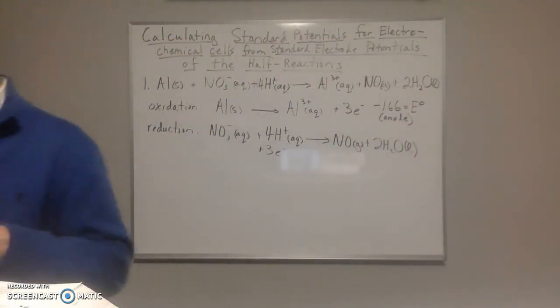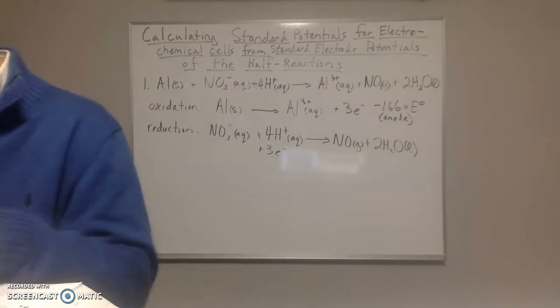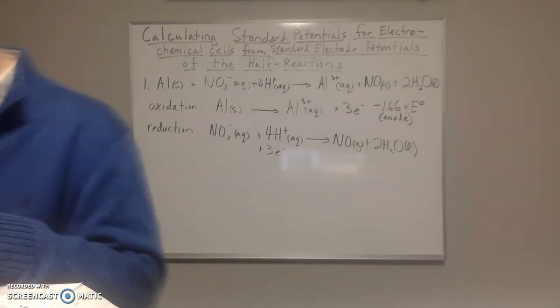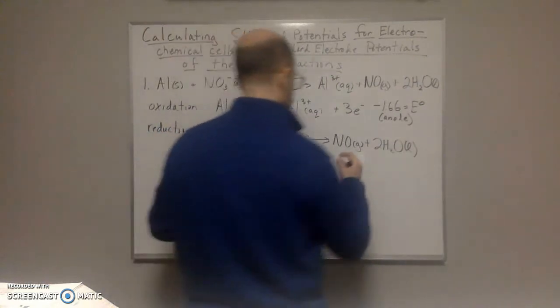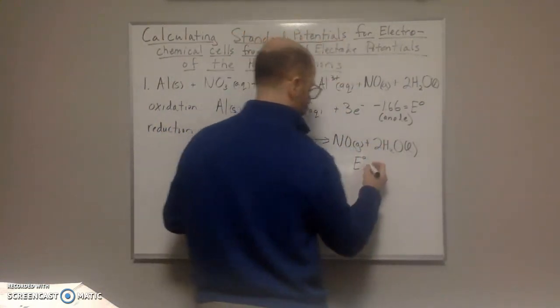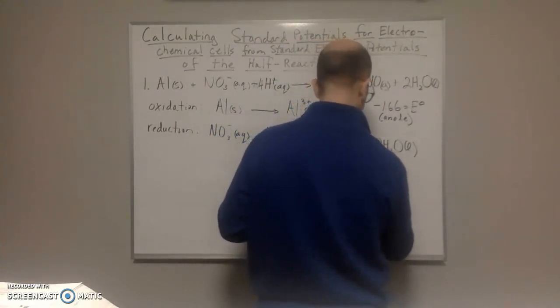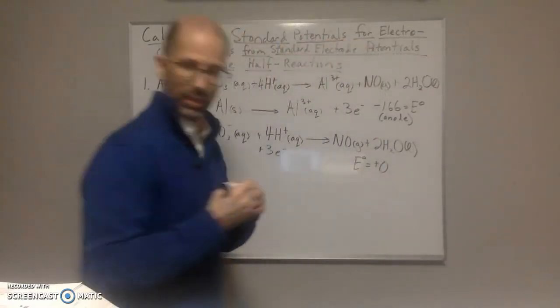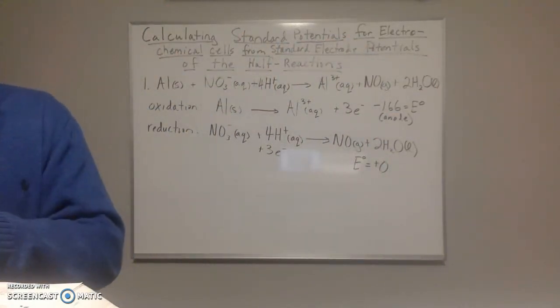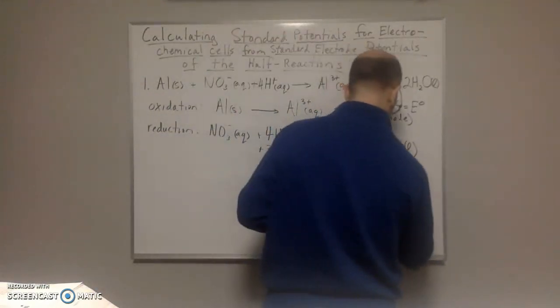And then we look for the other one at the cathode. So remember, reduction happens at the cathode. So the standard electrode potential for the cathode for this reaction is going to be a positive 0.96.